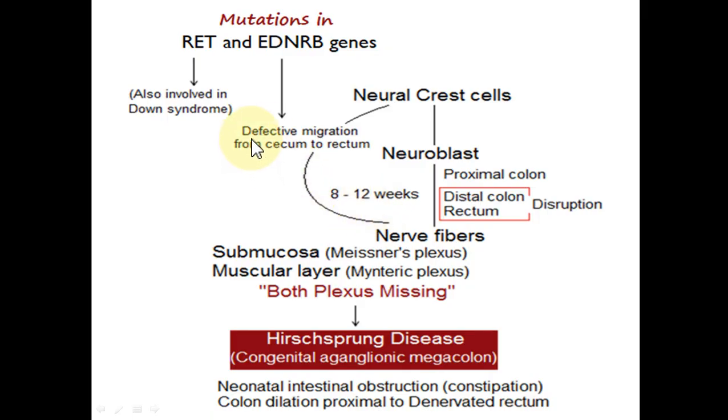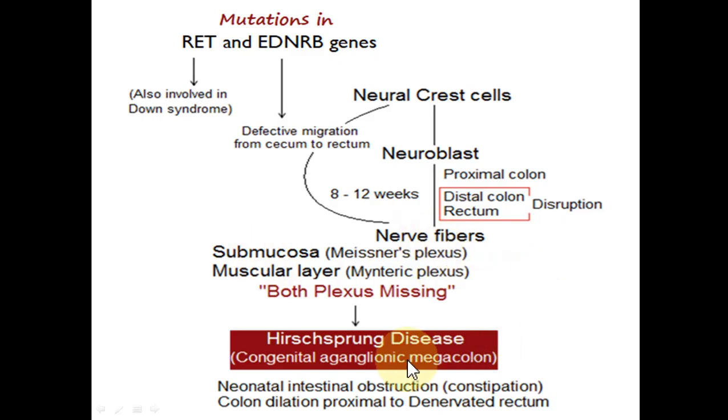So this is the defective migration of the nerves from the cecum at the ileocecal valve to the rectum, and this part of the colon, particularly the distal colon, sigmoid colon and rectum, is deprived of the Meissner plexus and myenteric plexus, and both these plexuses are absent.